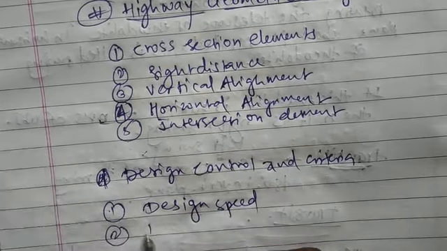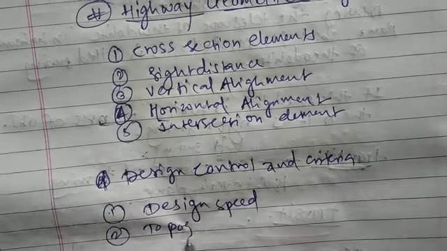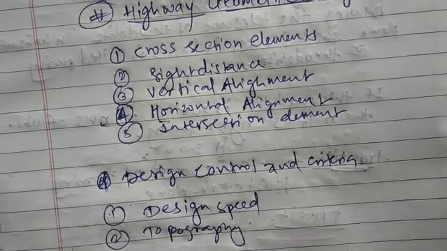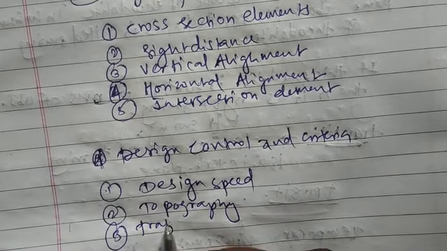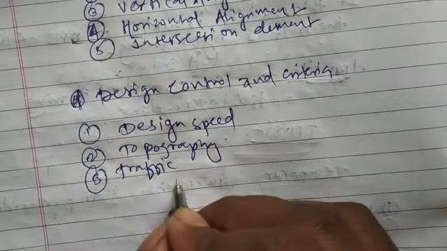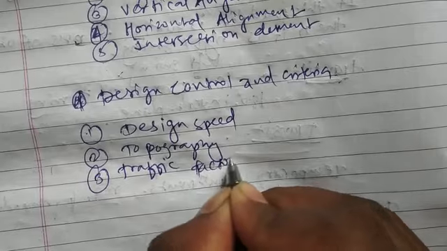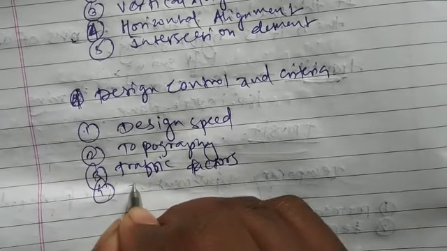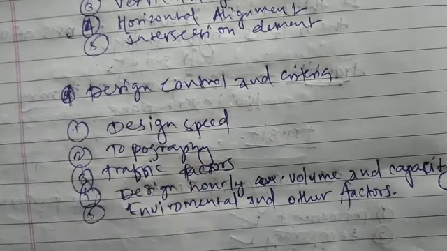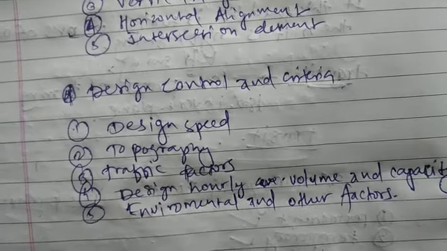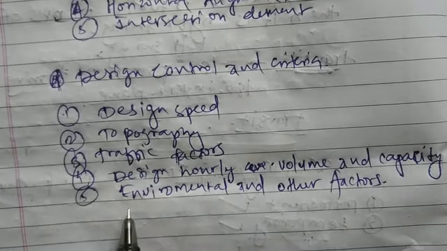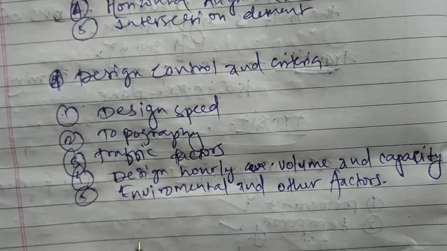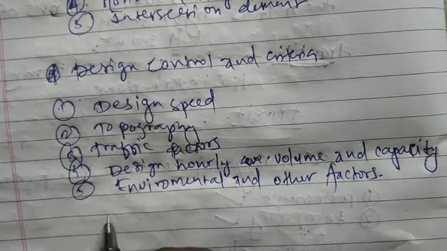Second one is topography. Third, traffic factors. Fourth, design volume, design hourly volume and capacity. And then next is environmental and other factors. So we'll see one by one.